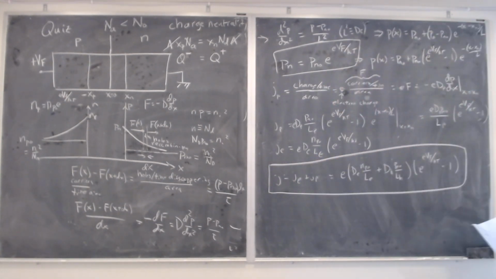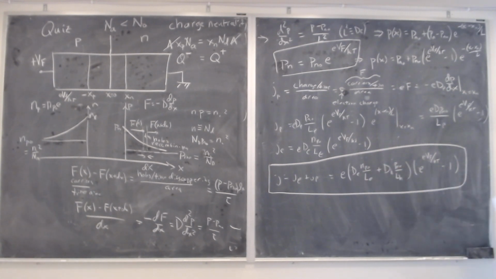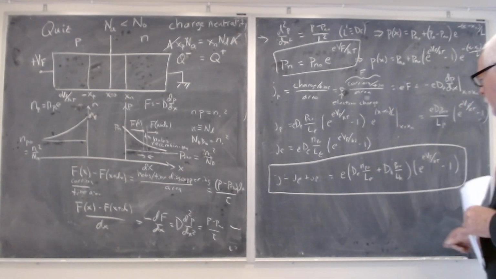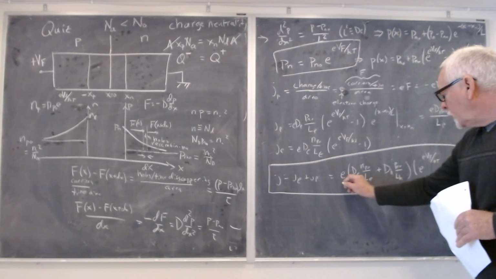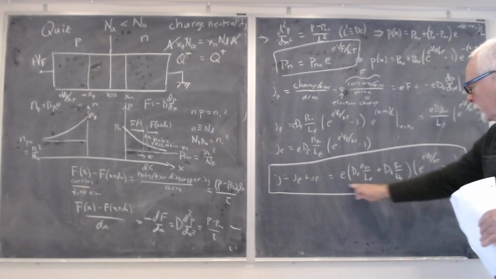Okay, we're going to stop there. In the course notes, you'll see that we then do a little bit of manipulation to gain a little bit more understanding about what's going on. But this is the answer, and importantly, it's some prefactor that's independent of voltage.